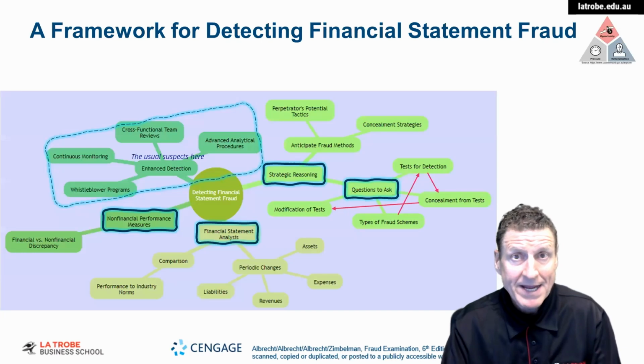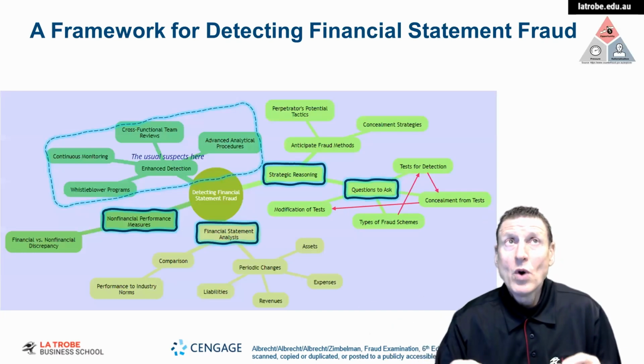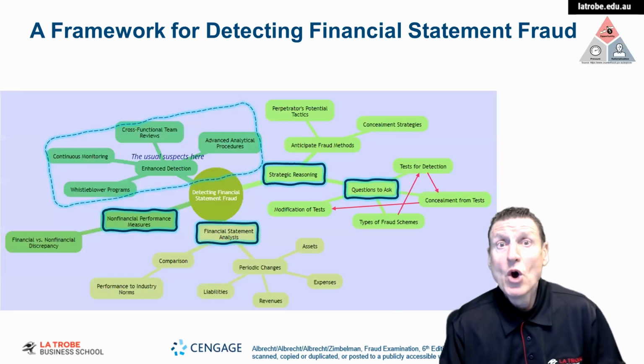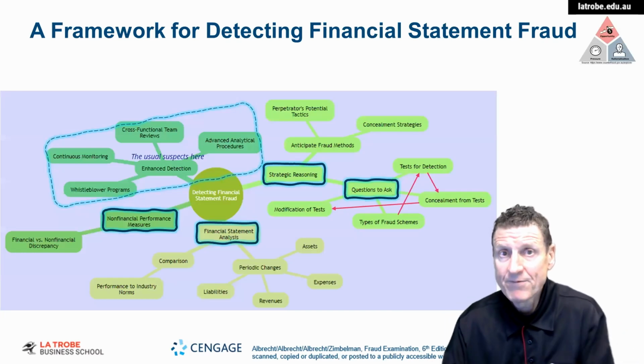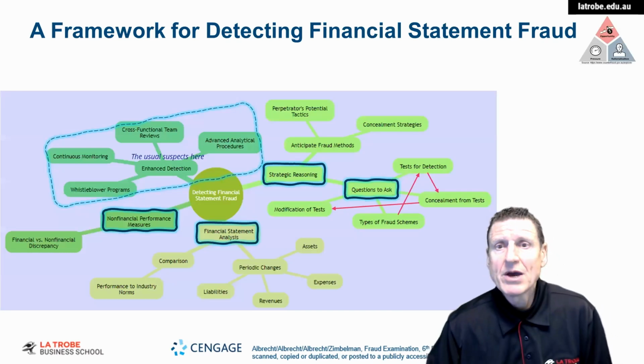Now, this is a game here because the fraudster is going to try and think, all right, what type of tests am I going to undertake as a fraud investigator or an auditor to prevent the fraudster from their fraudulent scheme? And that's where we go to the tests for detection.